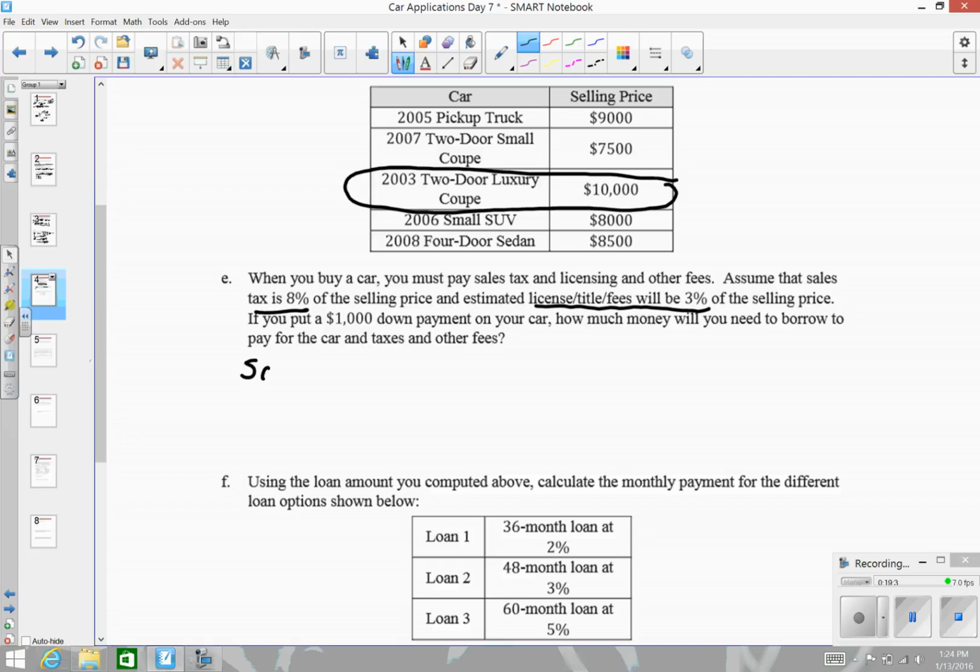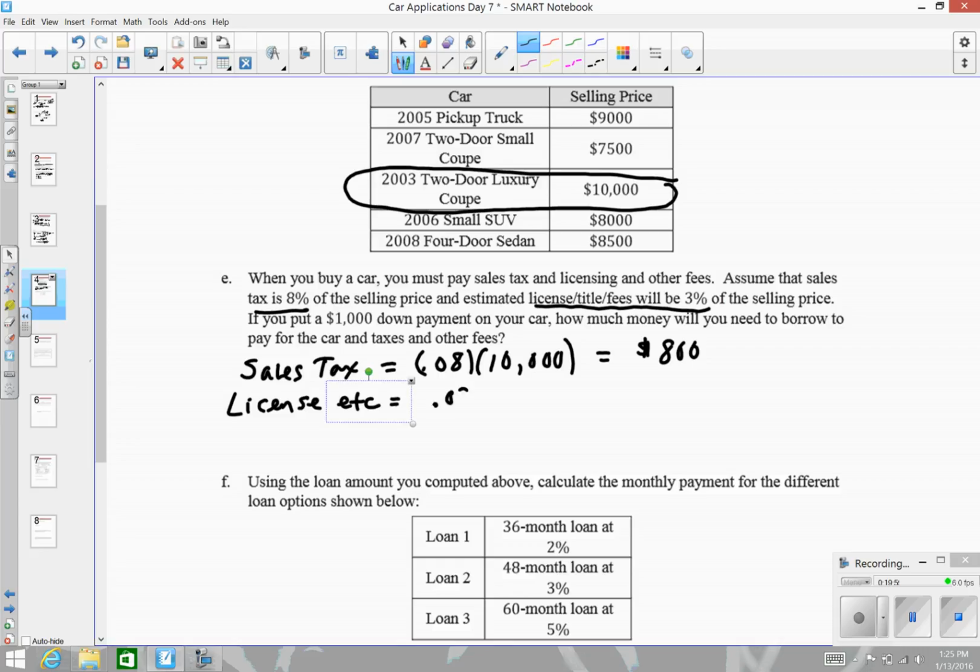So here's what's happening. The price of the car is $10,000. And then I have sales tax on top of that, 8% of the total. So my sales tax is going to be 0.08 times my $10,000 car. Sales tax alone is going to be another $800. And then I have all the license taxes and fees, 0.03 or 3% of my 10,000, which is another $300.